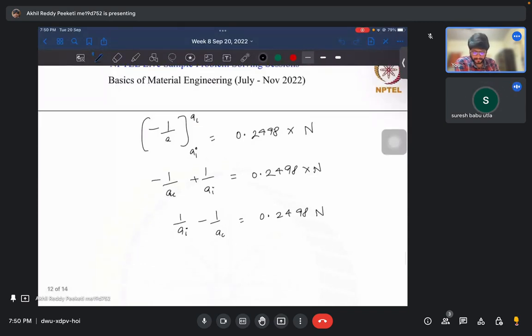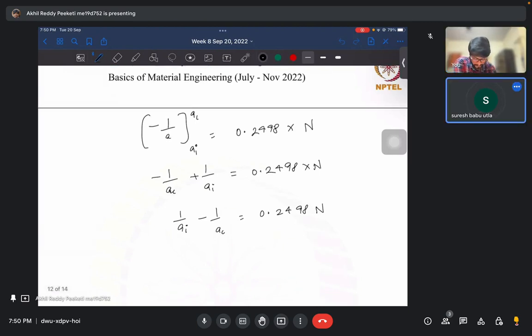Yeah. So now I am just substituting the limits for the 1 by minus 1 by. Initial crack length is 0.6 mm and the final crack length is 3.2 mm, right?